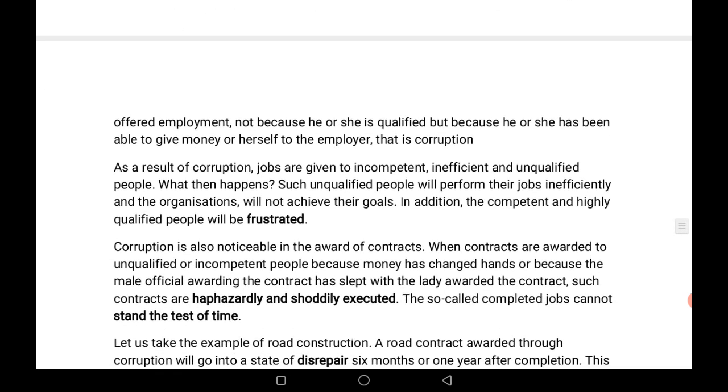And the result of this is that jobs will be given to incompetent and inefficient people, and in the long run, they will perform inefficiently, and this will not enable the organizations to achieve their goals.